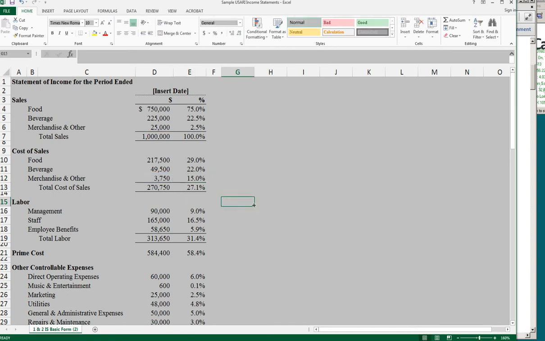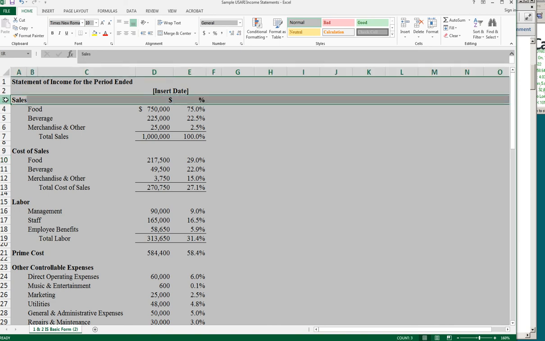Okay, so that's how you read each one of these individual columns. Now going down the rows, the order of the line items going down on the income statement is fairly similar to all other income statements under regular US GAAP, generally accepted accounting principles.